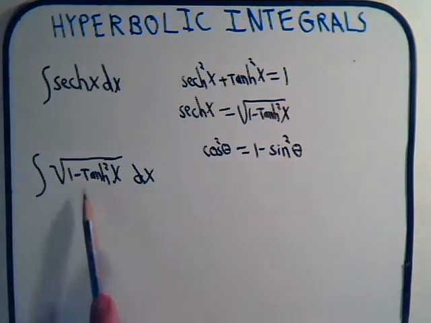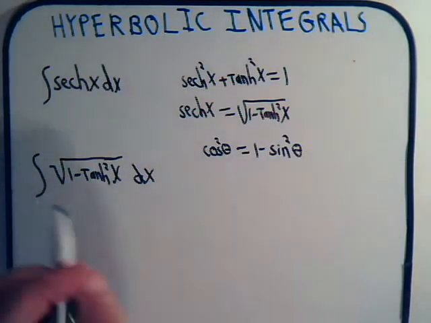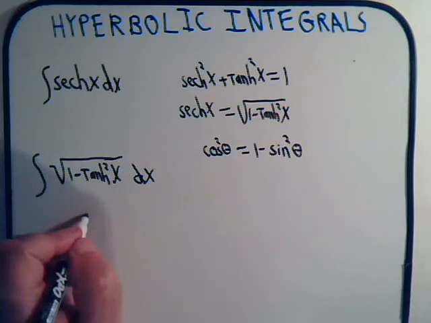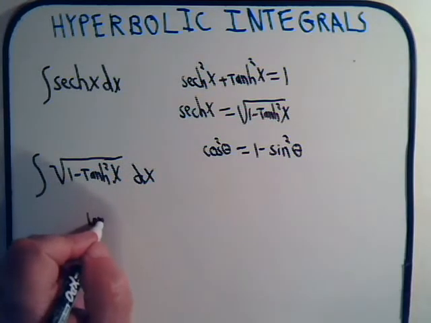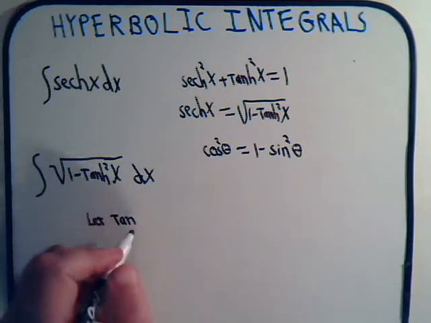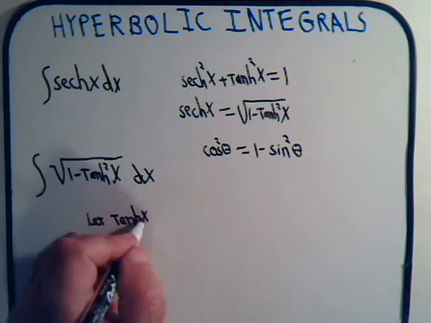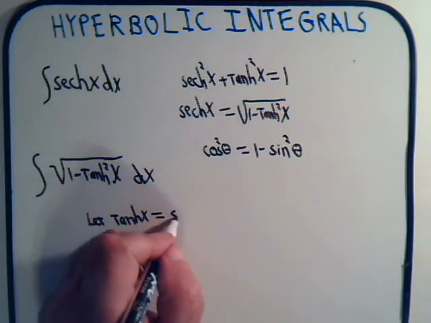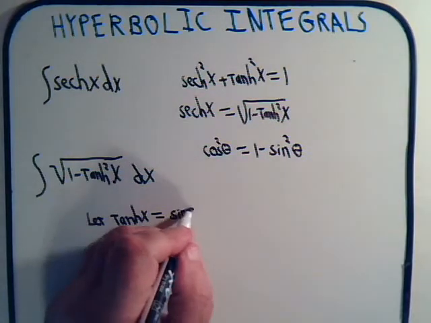They're the same general format. So we make the substitution and say, let the hyperbolic tangent of x equal the sine of theta.